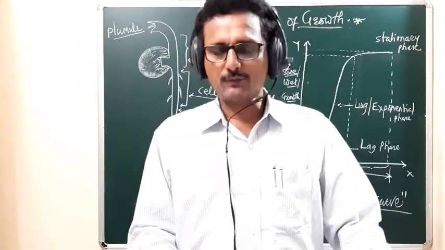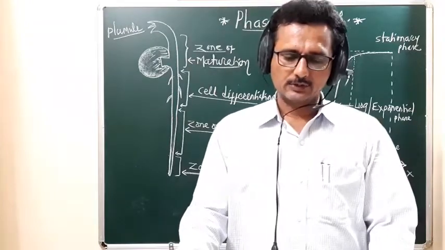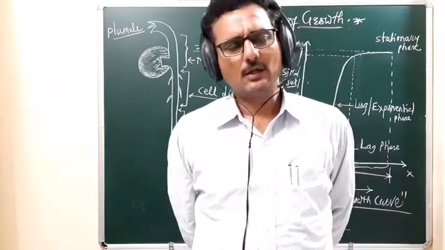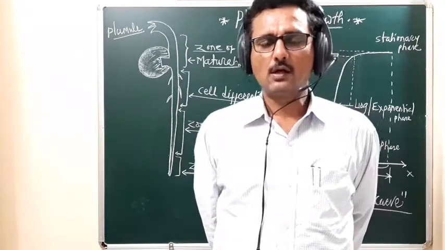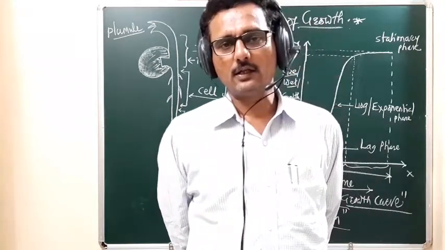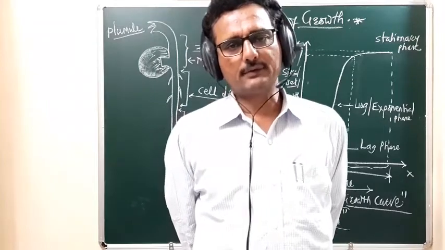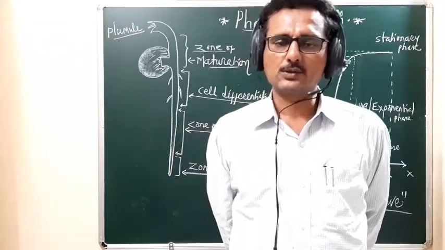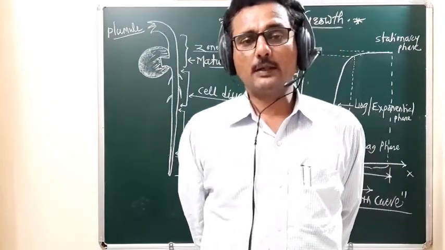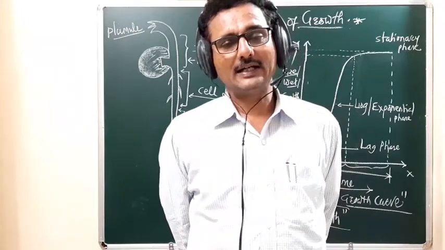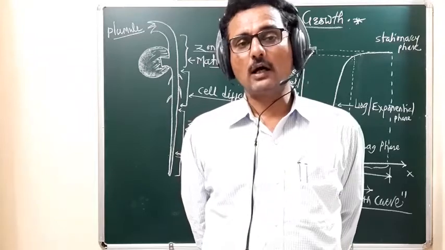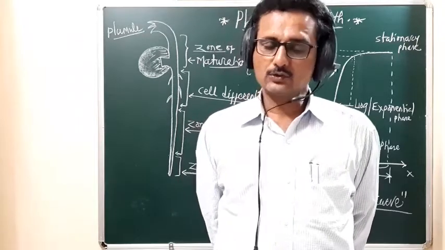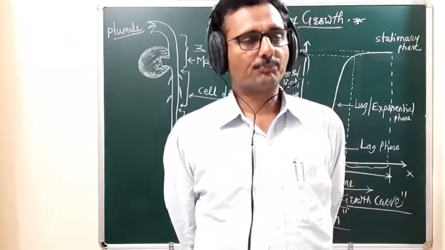The growth of plant in length is concerned with the apical meristem. Apical meristems are situated at two sites, the shoot apex and the root apex. Because of the activity of the apical meristem, the growth in length or height of the plant increases. So the first option is the correct answer.